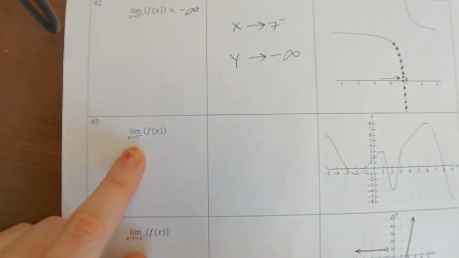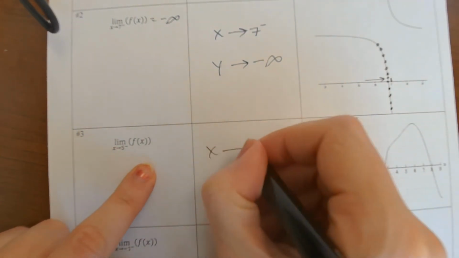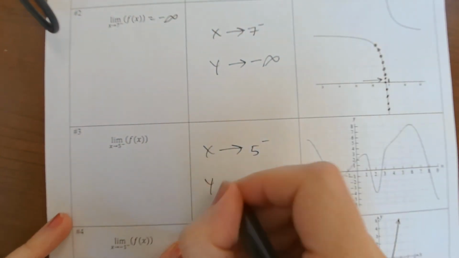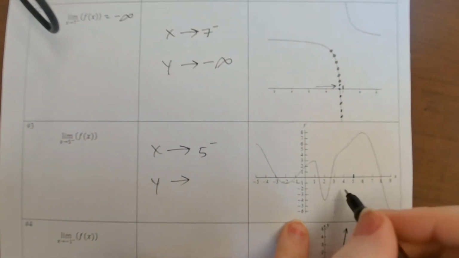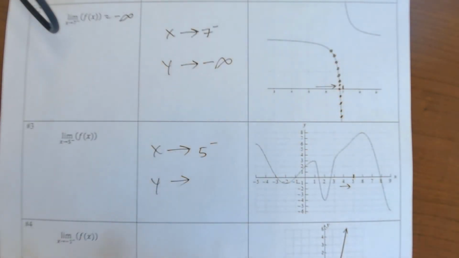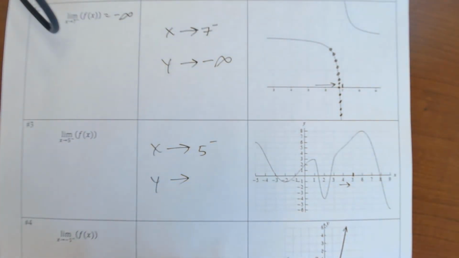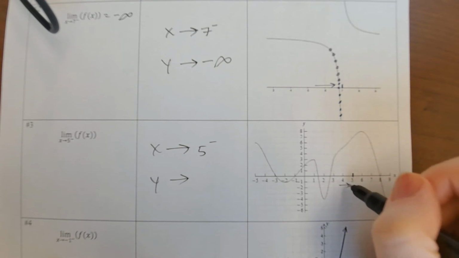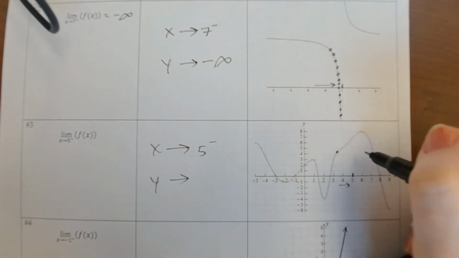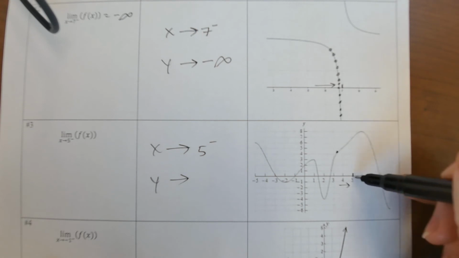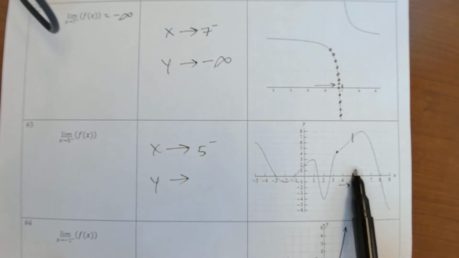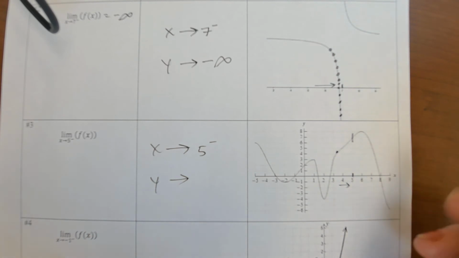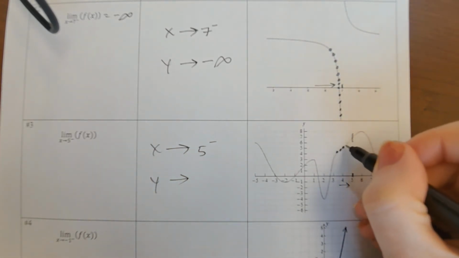Okay, guys, now we're going to approach 5 from the left. So as x approaches 5 from the left, y is approaching what? All right, so I find 5. 5 is right here. I'm approaching 5 from the left, so I'll just pick points on the graph to the left of 5. I'll put a little line there too, just so I can see where the input of 5 is.